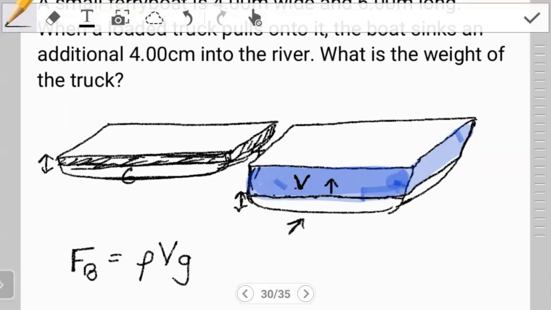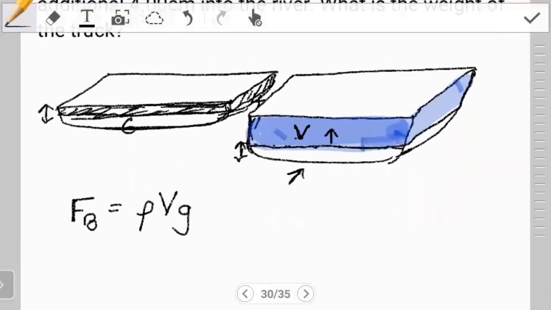Now, what's the relationship here? Well, the boat sinks, but since it only sinks partially, it stops sinking afterwards.